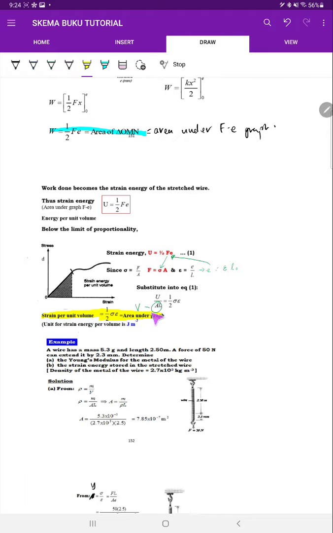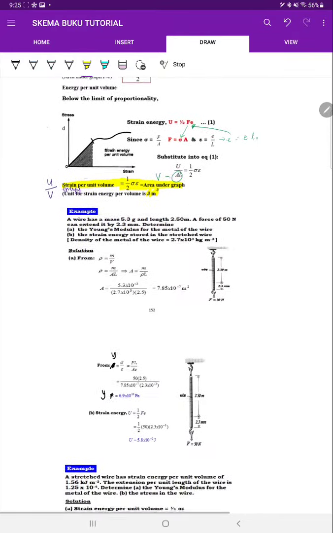So U per V sama juga dengan half stress darab strain. Unit dia joule per meter cubed, joule M negatif 3. Itu dah awak kena tahu.